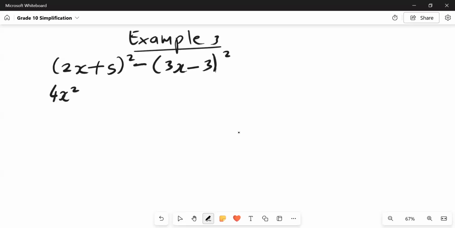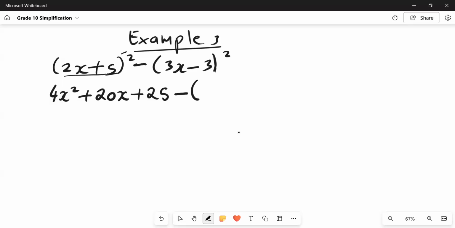Multiply everything here, including 2, to get the middle term, which will give us plus 20x. And then square the last term here, which is 5. The square of 5 is what? 25. Done.